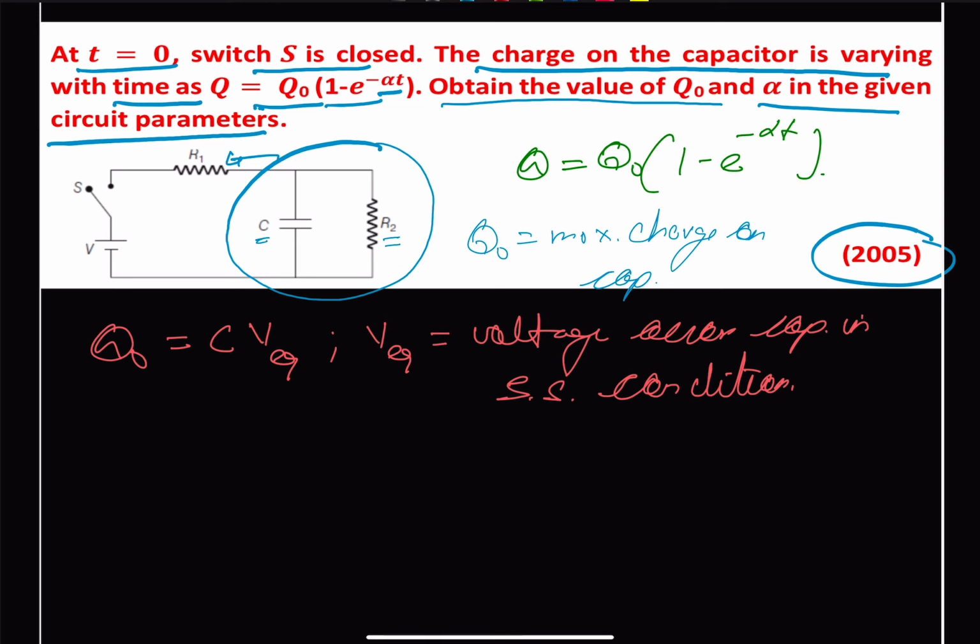And in the charging of the capacitor, the equation which is given in general also involves a time constant, which is given as tau, because of a simple RC circuit.